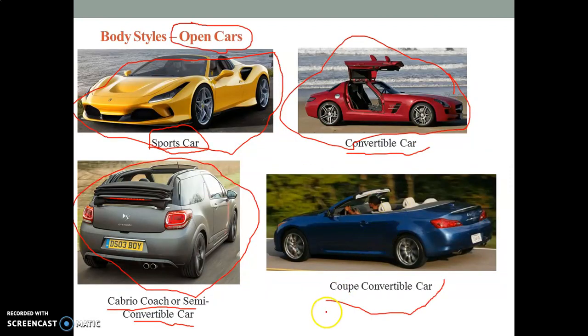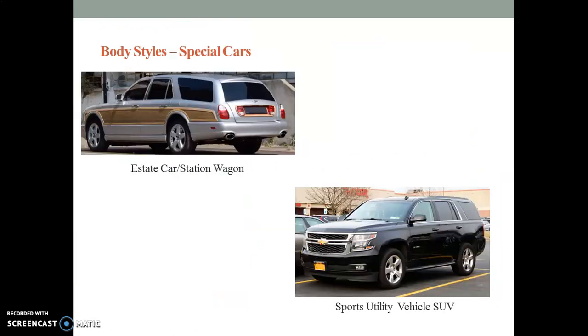But here the Coupe Convertible Car also has only one row of seating, without the roof. A type of convertible coupe with a rigid roof that can be retracted inside the lower part of the vehicle body. Then the next type of cars we'll discuss are the special styles.